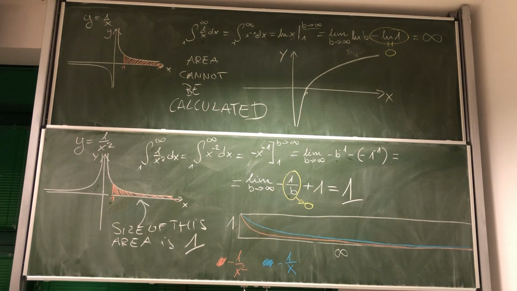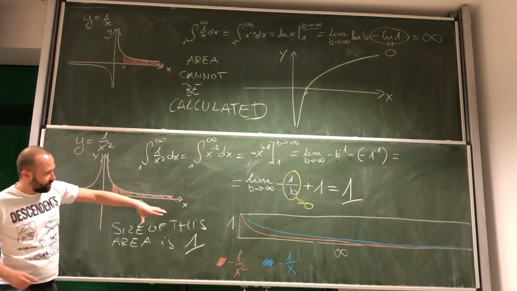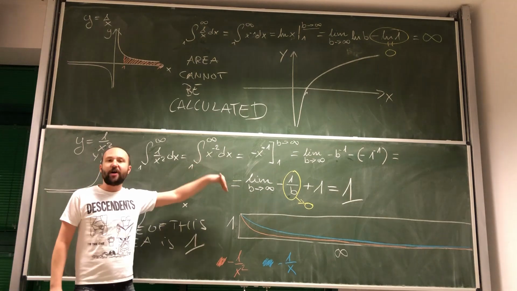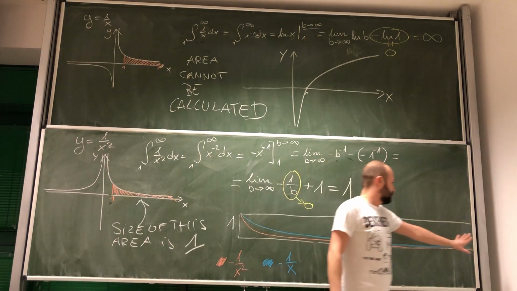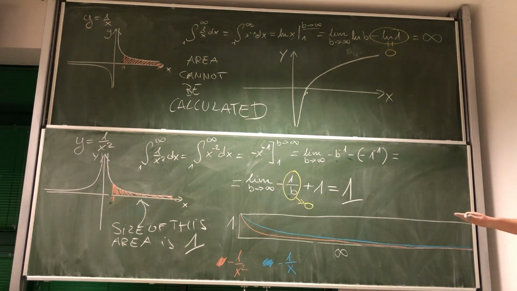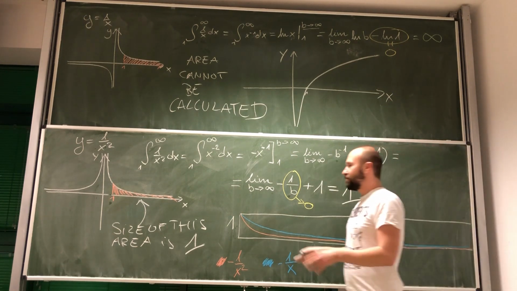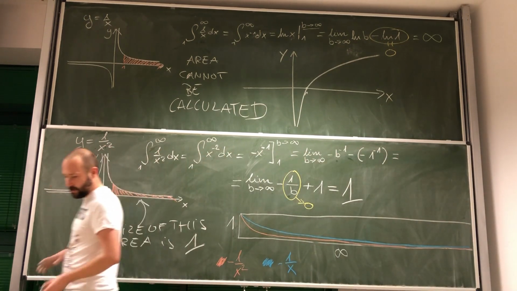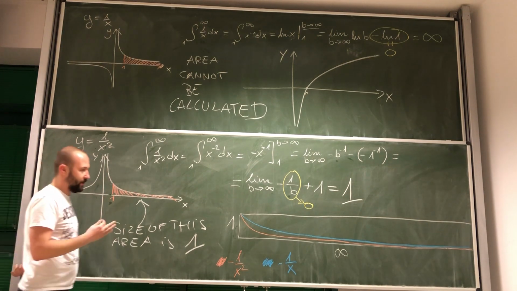Okay, so we clearly see that the values of the function 1 over x are falling, but they are falling slower than the values of the function 1 over x squared. And look, this is the entire key to understanding what is happening.